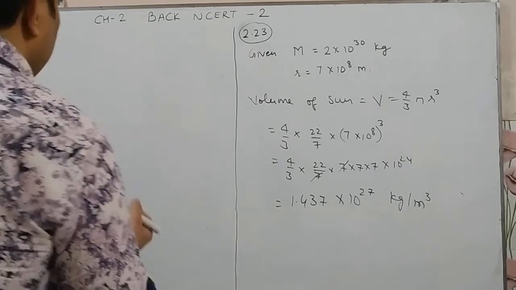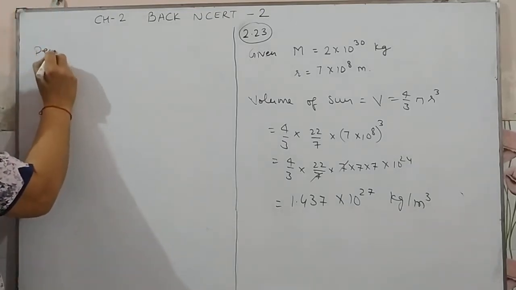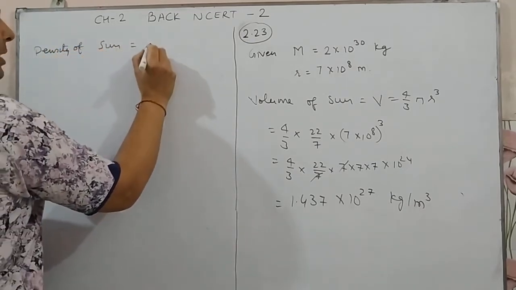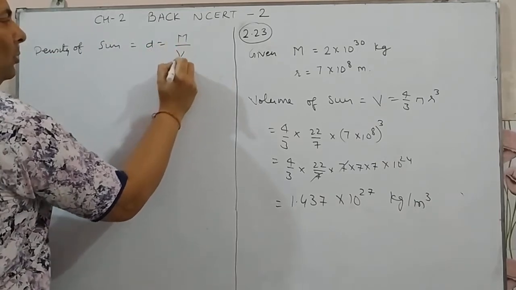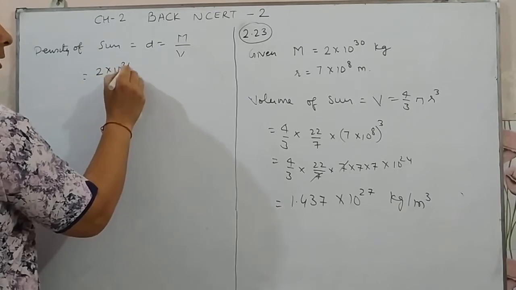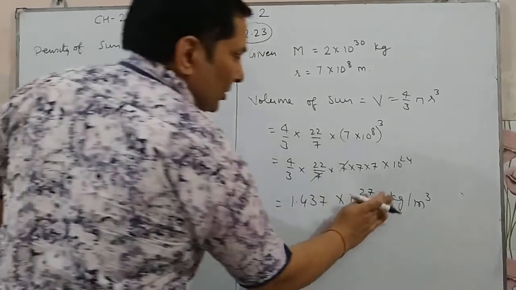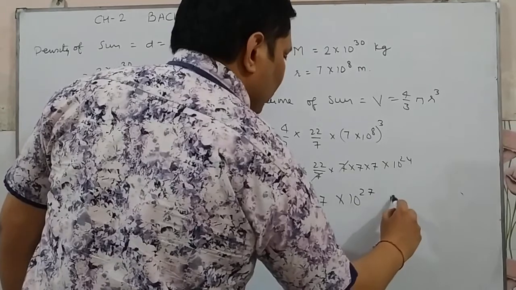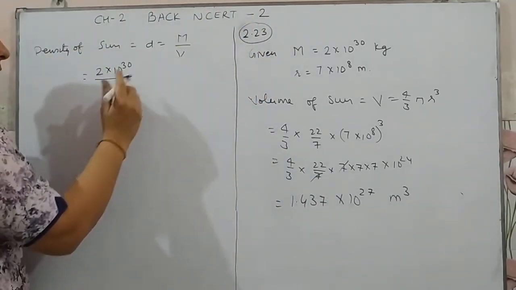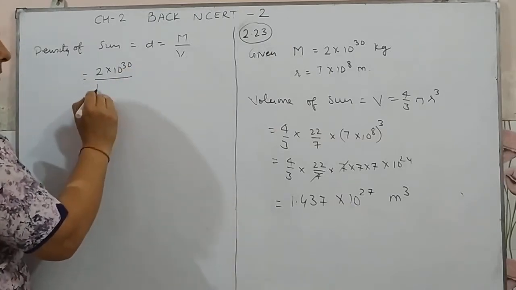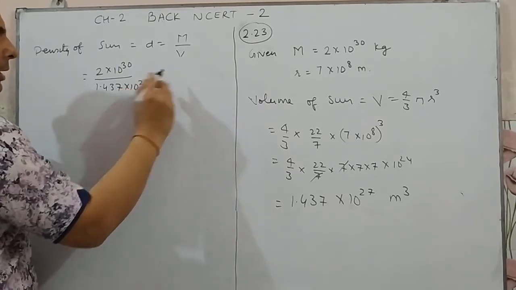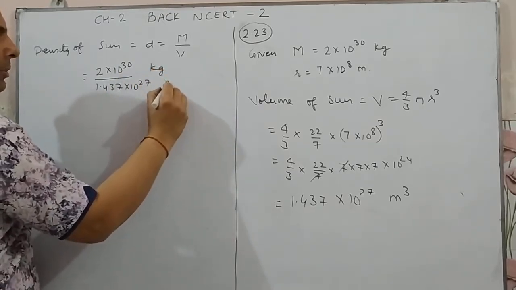Now the density of the Sun is given as D equals mass upon volume. The mass is 2 into 10 raised to power 30 kilograms, and the volume is 1.437 into 10 raised to power 27 meter cube.